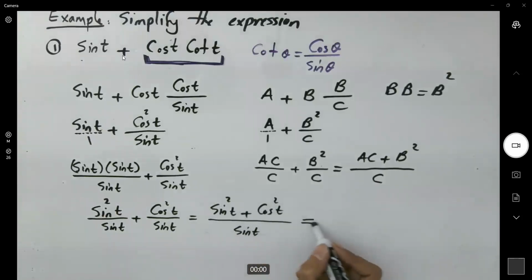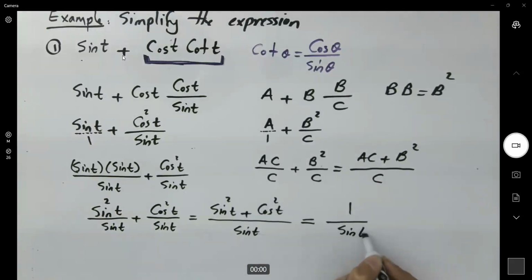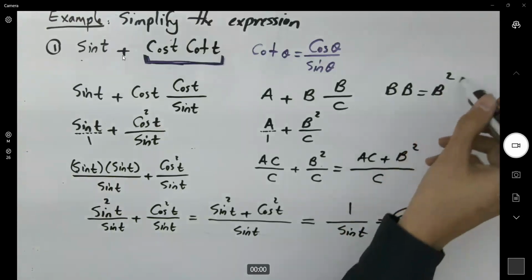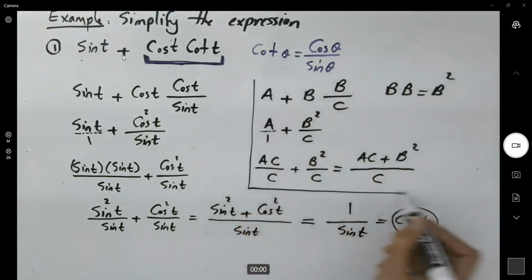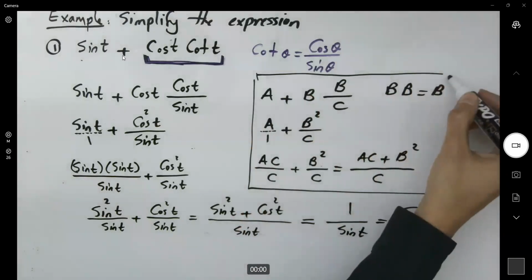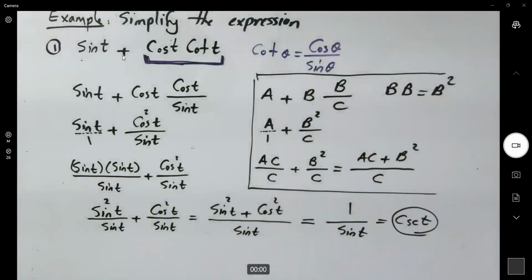My numerator is nothing but 1. 1 divided by sine t. We already defined 1 over sine t. This is cosecant. So this is your algebra part, using algebra to help us simplify this expression.